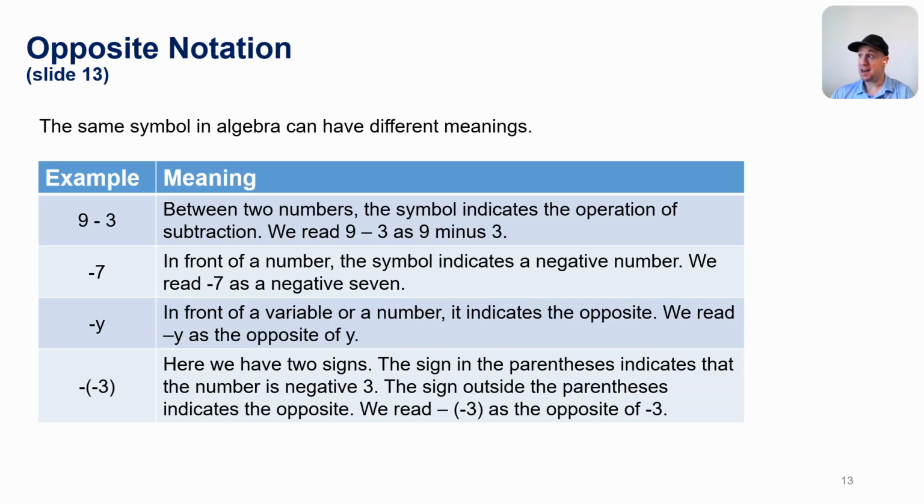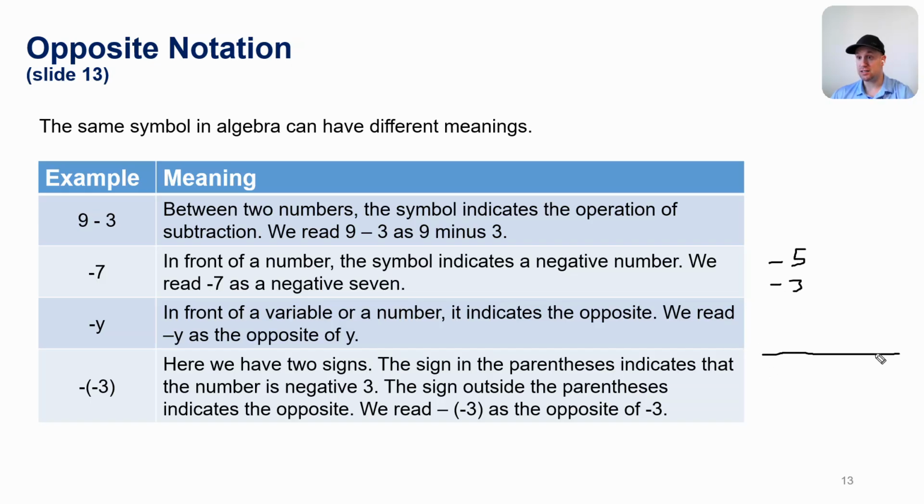Now, if that negative symbol comes in front of a number, the symbol then indicates a negative number. So we would read negative 7 here, or negative 5 here, or negative 3 here, etc.